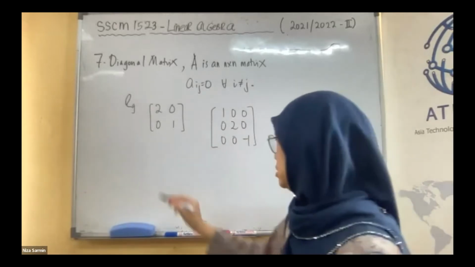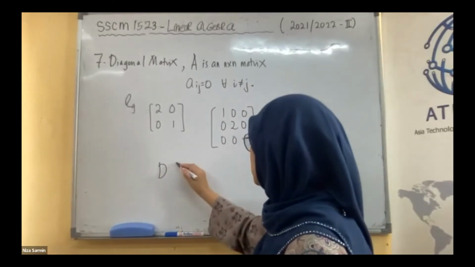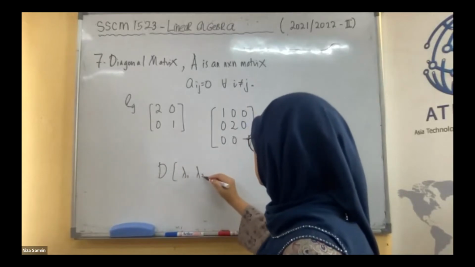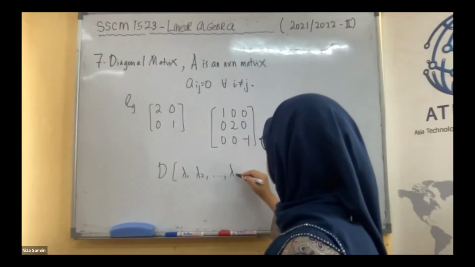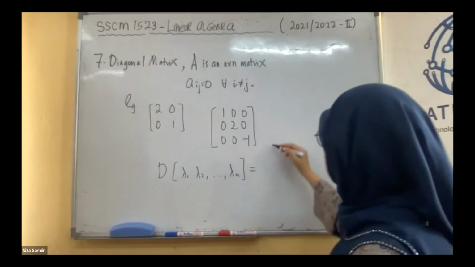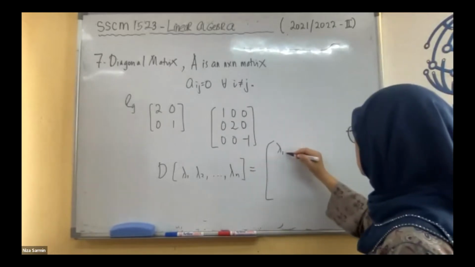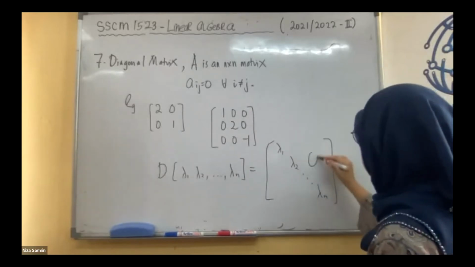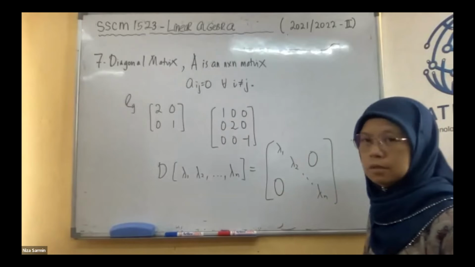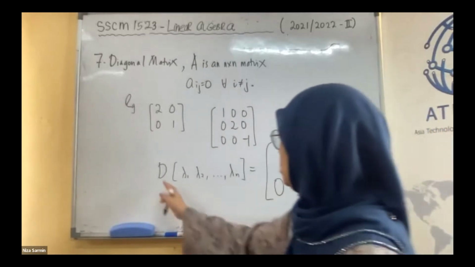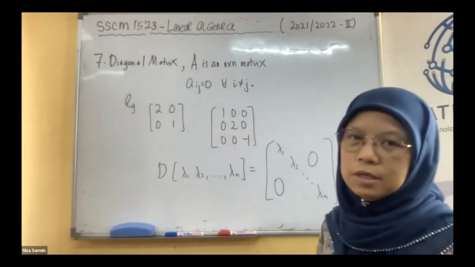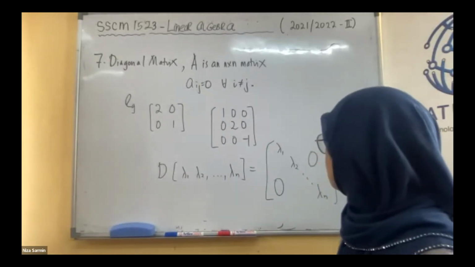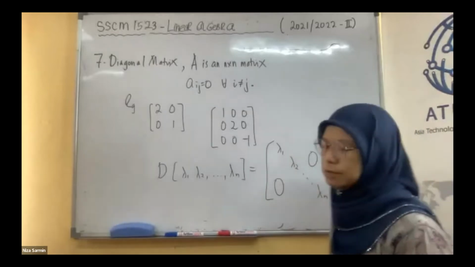Some books, some authors write the matrix as this, and these are all zeros, right? D with that one, just the symbol. Okay, this is diagonal matrix.